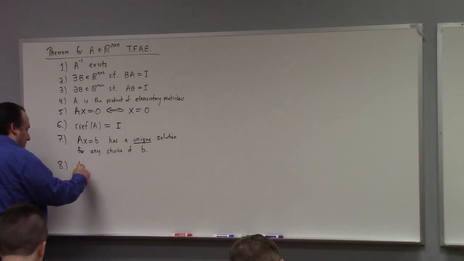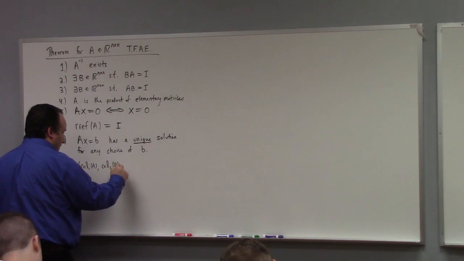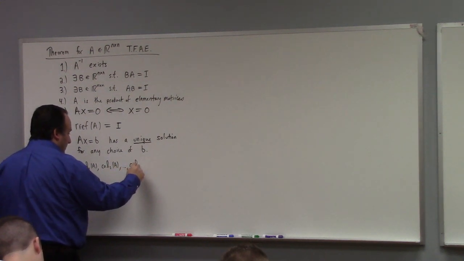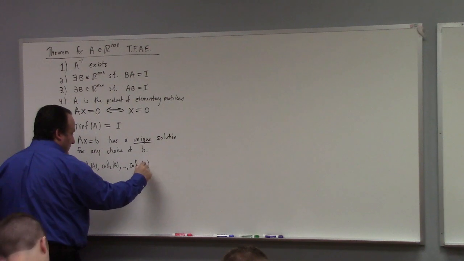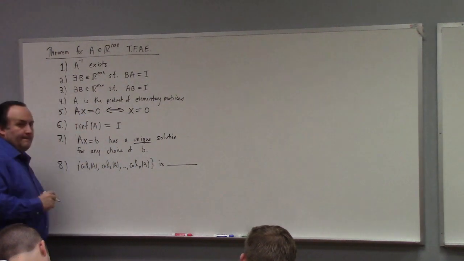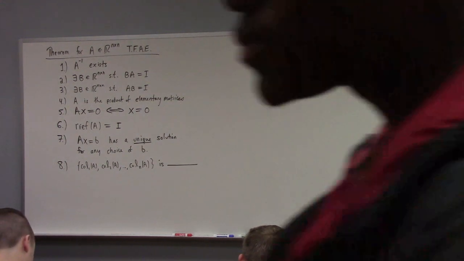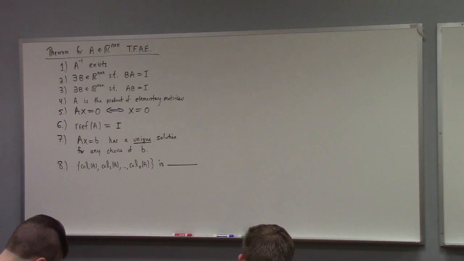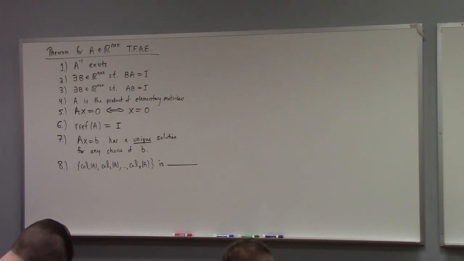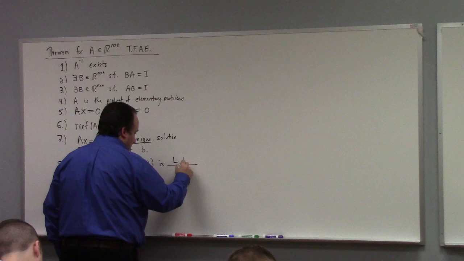If we look at the set, column 1 of A, column 2 of A, up to column n of A, what property does the set of column vectors have? Yep. Linearly independent, right.